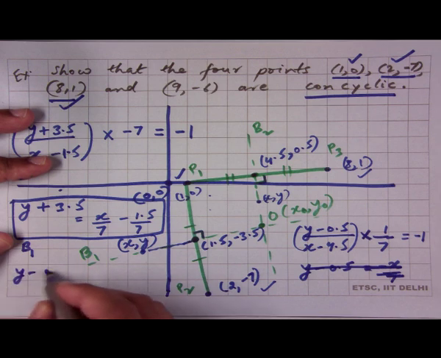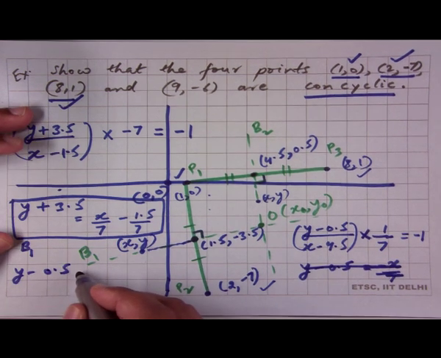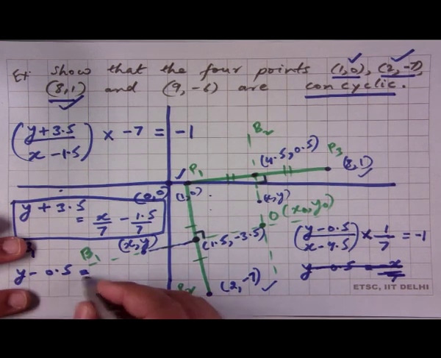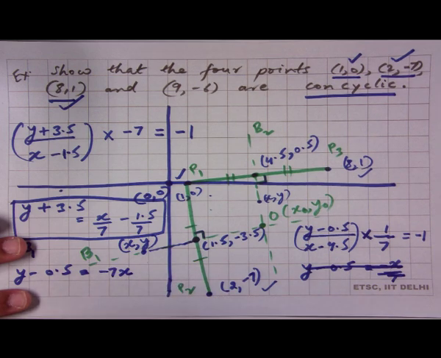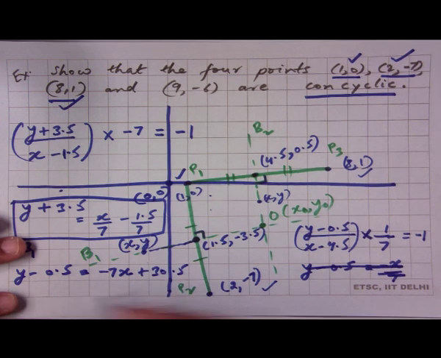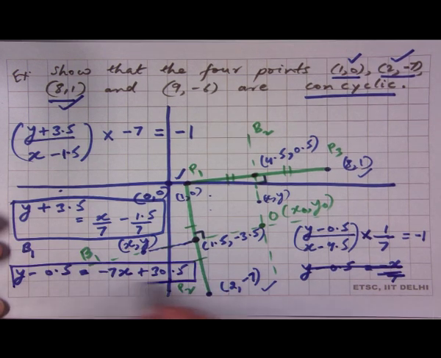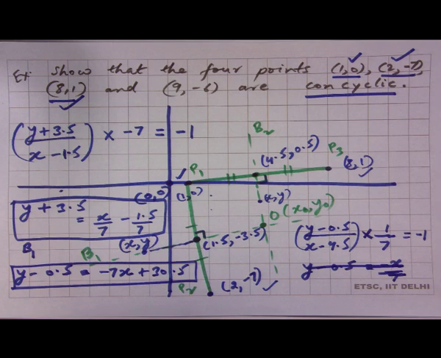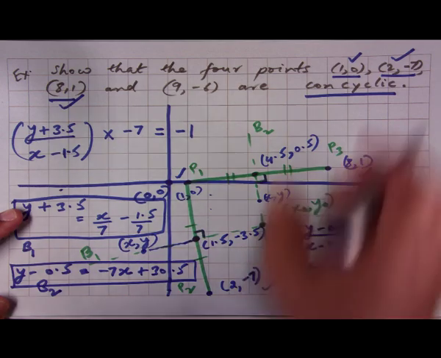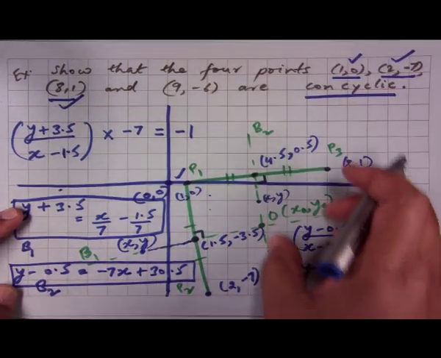We have y - 0.5 equals -7x plus 30.5. So, this is the equation of the bisector B2, which is this dotted green line.